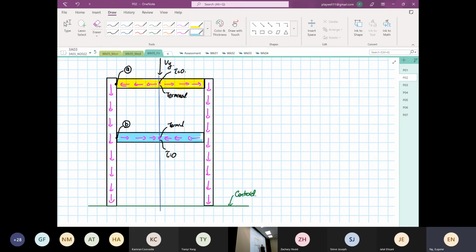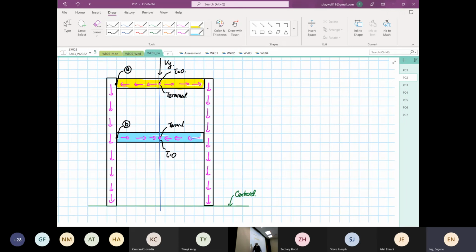Over here, we also have a terminal. A terminal is defined where both shear flows come together or where it ends. You can see over here, the shear flows are coming to the center.